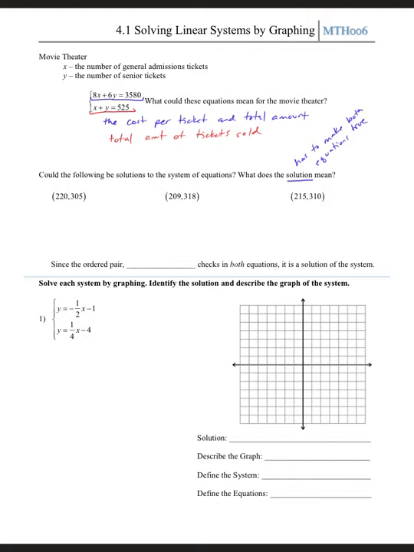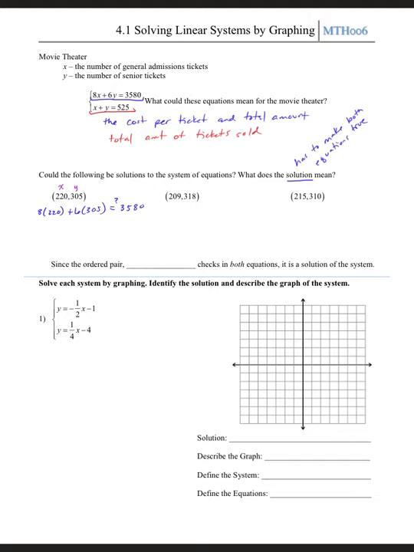So the first one says, could the following be a solution? So what we want to do is keep in mind that when we have these values, this is our x, this is our y. So we substitute those values in for x and y to see if they'll make it true. So we have to take 8 times 220 plus 6 times 305, and we want to know if that is equal to 3580.